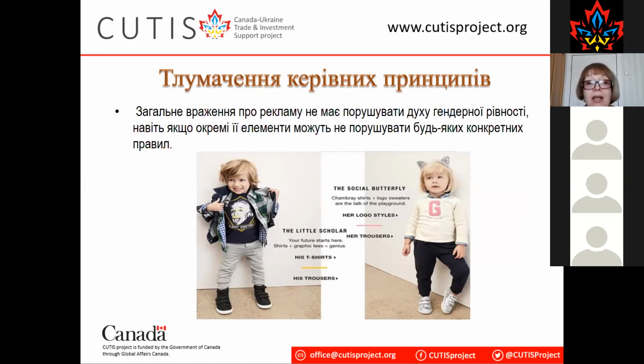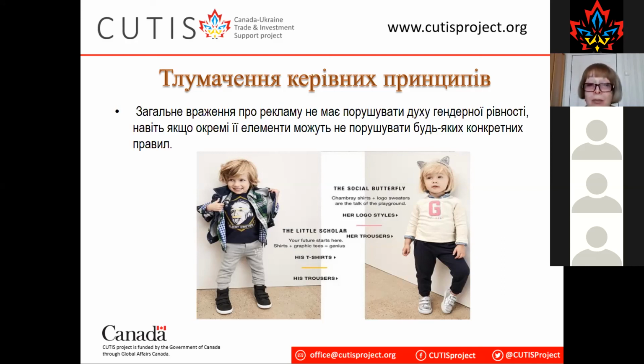So what does it mean? If we're looking at this little boy, and then take a separate look at the image of the girl, it's not that bad either, even though a social butterfly is not a very good depiction, not as we would want to see our daughters maybe.